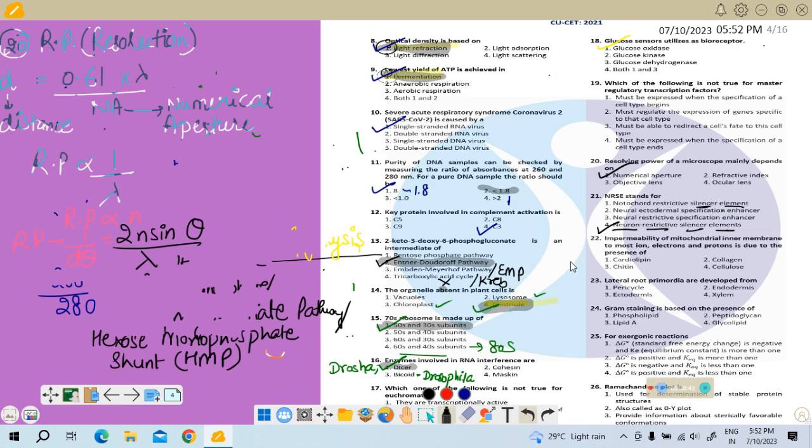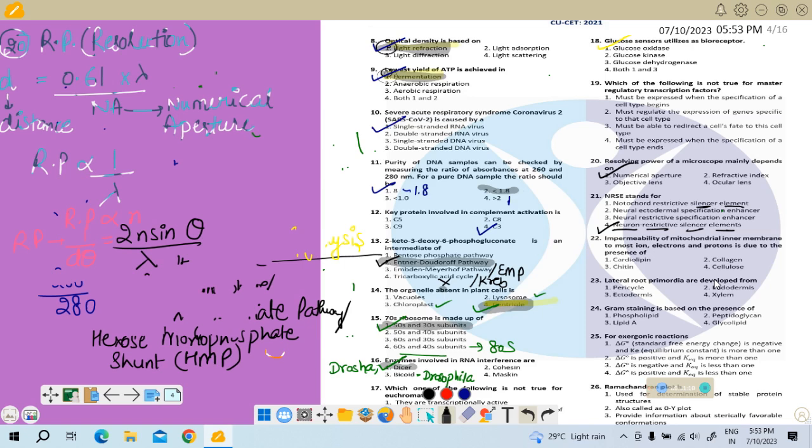Then impermeability of mitochondrial inner membrane to most ions, electrons and protons is due to the presence of cardiolipin, collagen, chitin, cellulose. So collagen, that is related to your connective tissue for support.